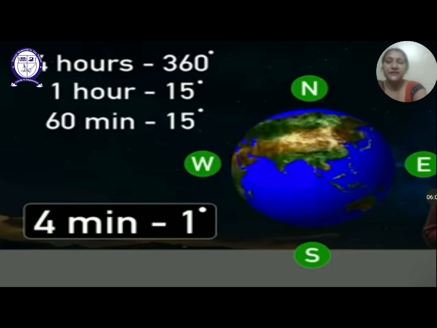Now the time period of our country. In 24 hours the earth rotates 360 degree. In 1 hour it rotates 15 degree, and in 60 minutes it covers 15 degree. So that means it takes 4 minutes for 1 degree.